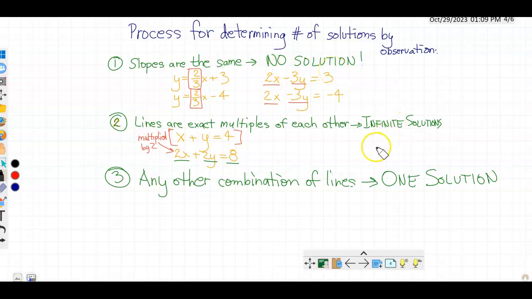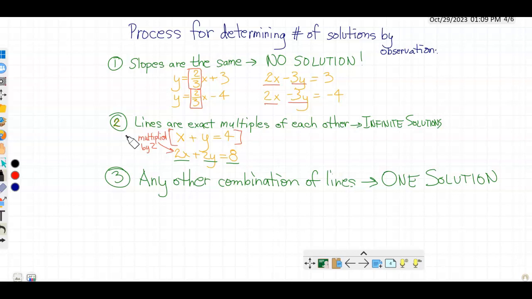You have systems of equations that have infinite solutions. And then everything else has one solution. Okay, so when you're looking at pairs of equations in order to make a determination of how many solutions you're going to have, you're basically looking to rule out these 2 cases first.